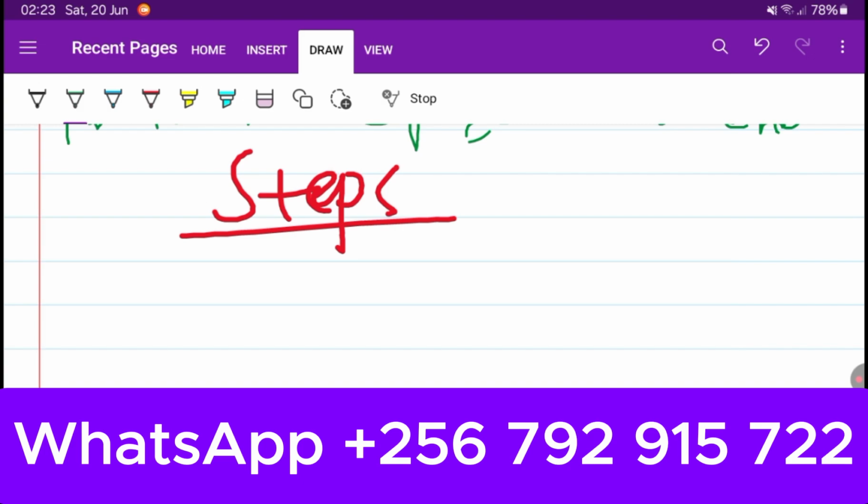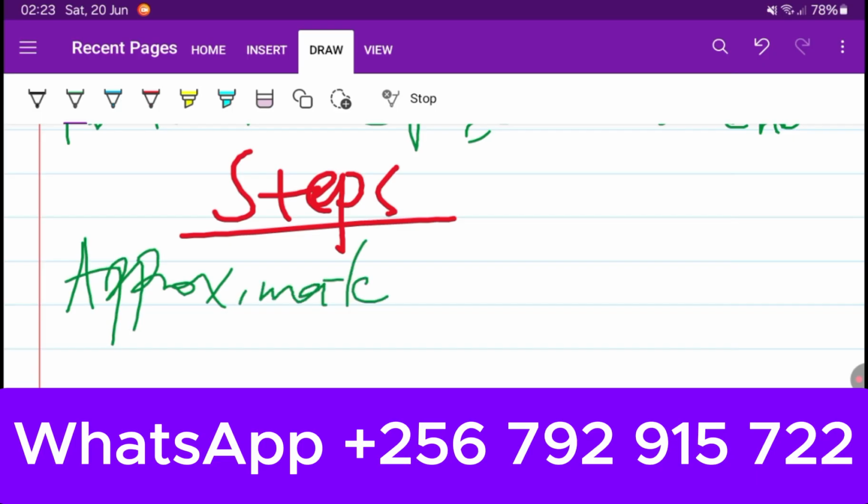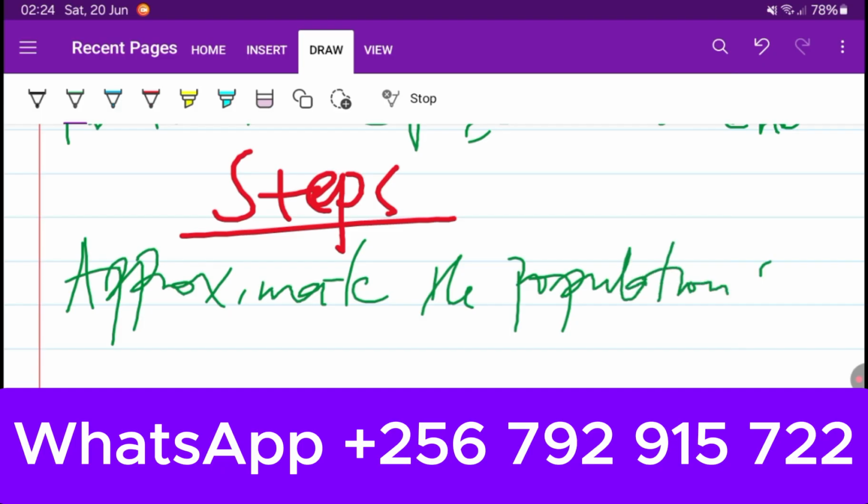The first step, if possible, we approximate the population size. This capital N is always the symbol for population. A sample is represented by a small n. But a population is always a capital N.